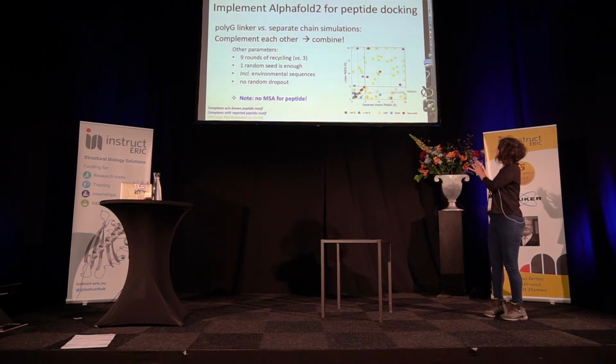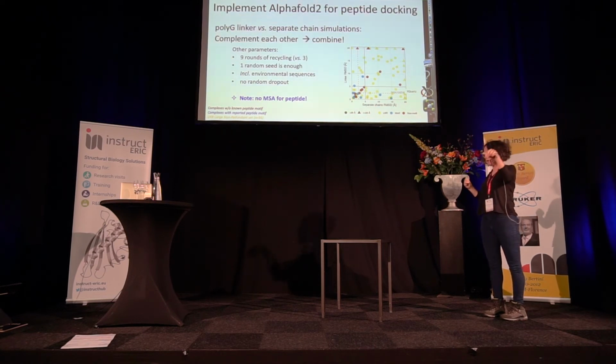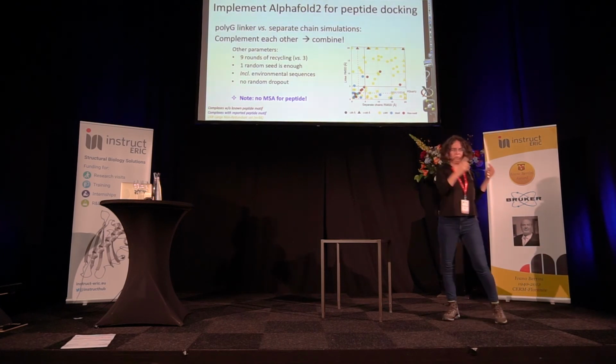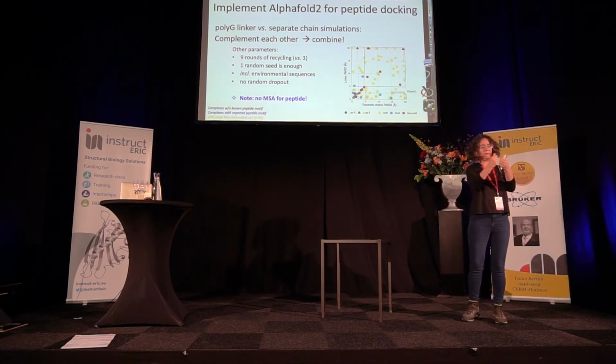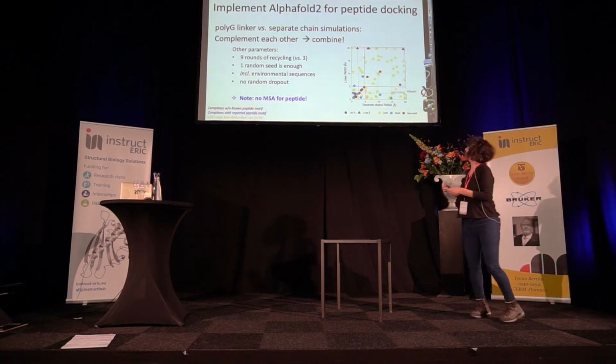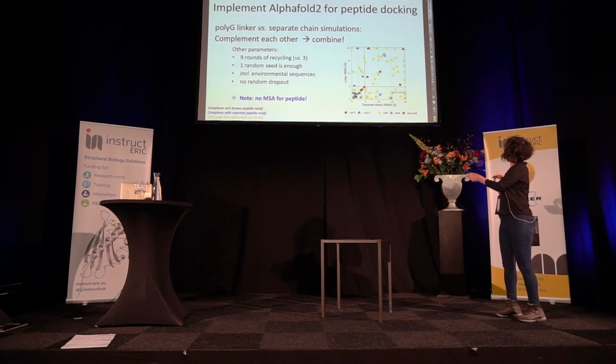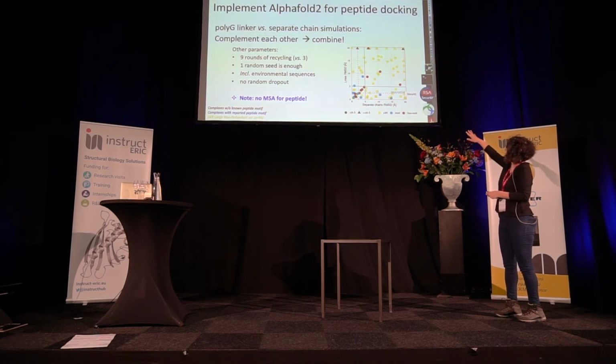Again, this is for the structure connected to a polyglycine linker. Later on, in ColabFold, it was also possible to submit separate segments, and we combined both of them together, and they perform independently. In some cases it works when we have the linker, and in some cases it works when we don't have the linker and we have separate chains.